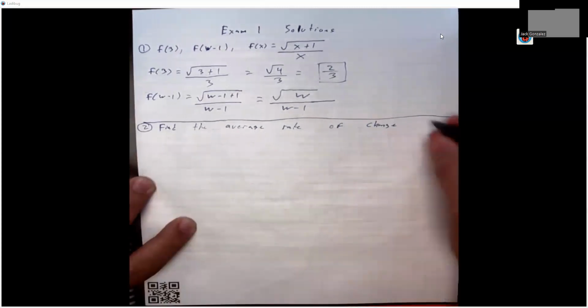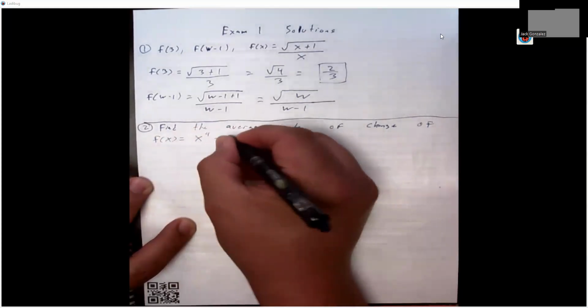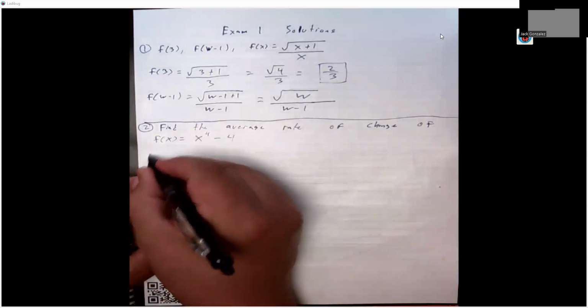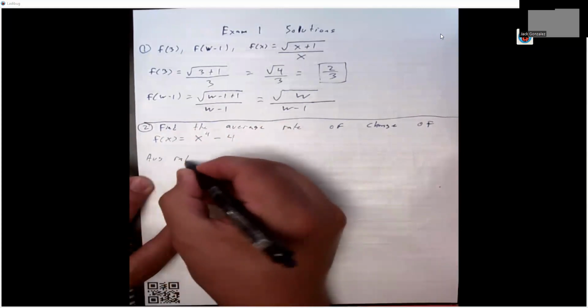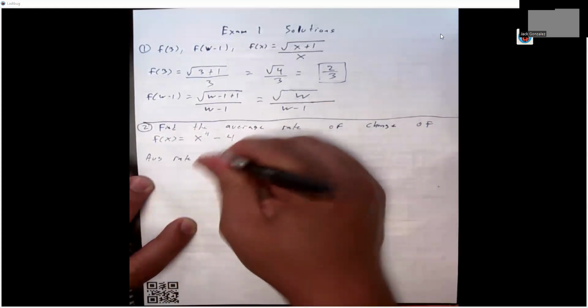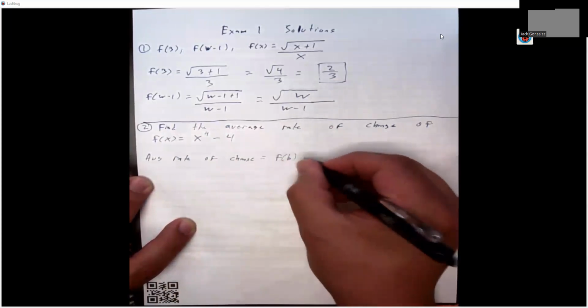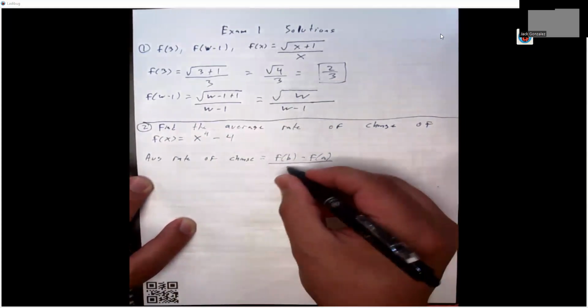Okay. Find the average rate of change of f of x equal to x to the 4th minus 4. The average rate of change formula is equal to f of b minus f of a over b minus a.